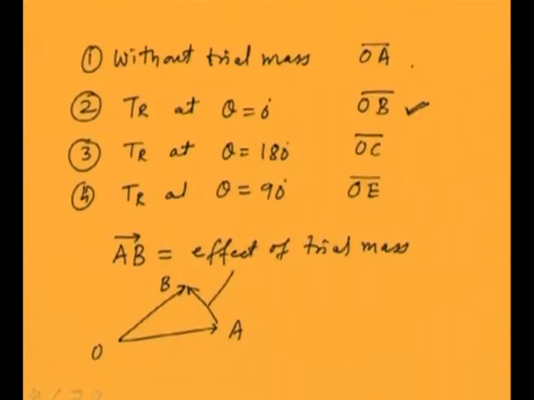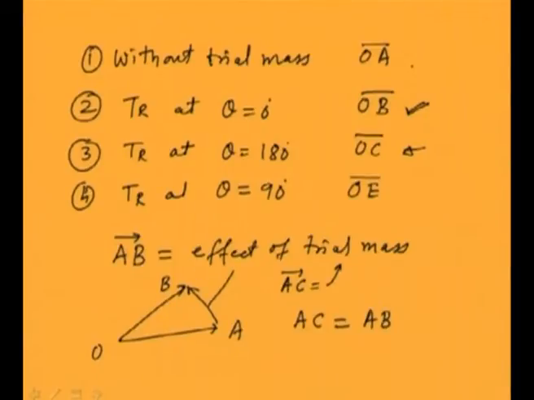Now the same trial mass we keep at 180 degrees, and we get the response OC. So AC is again the effect of the trial mass, and because we are keeping the unbalance at 180 degrees compared to the previous one, we should get AC equal to AB.